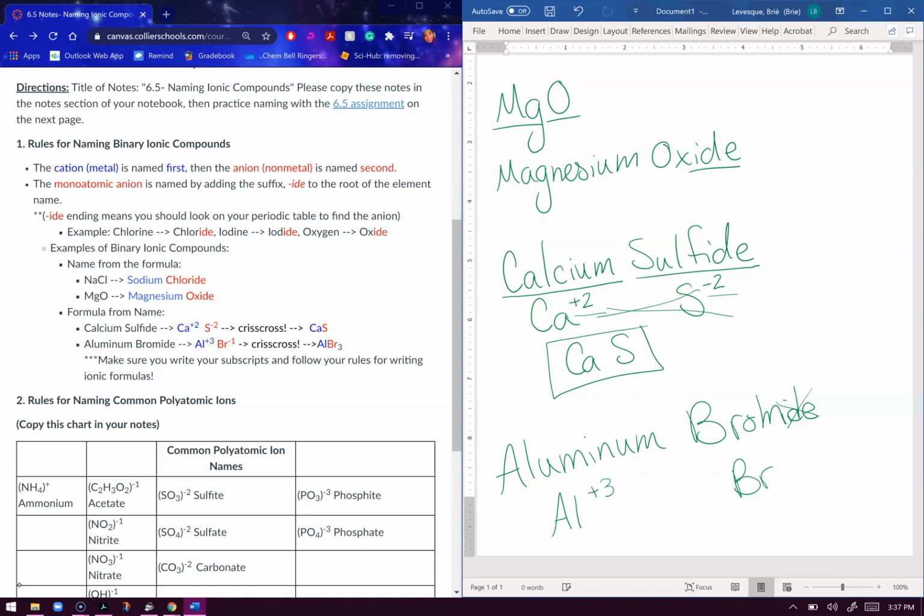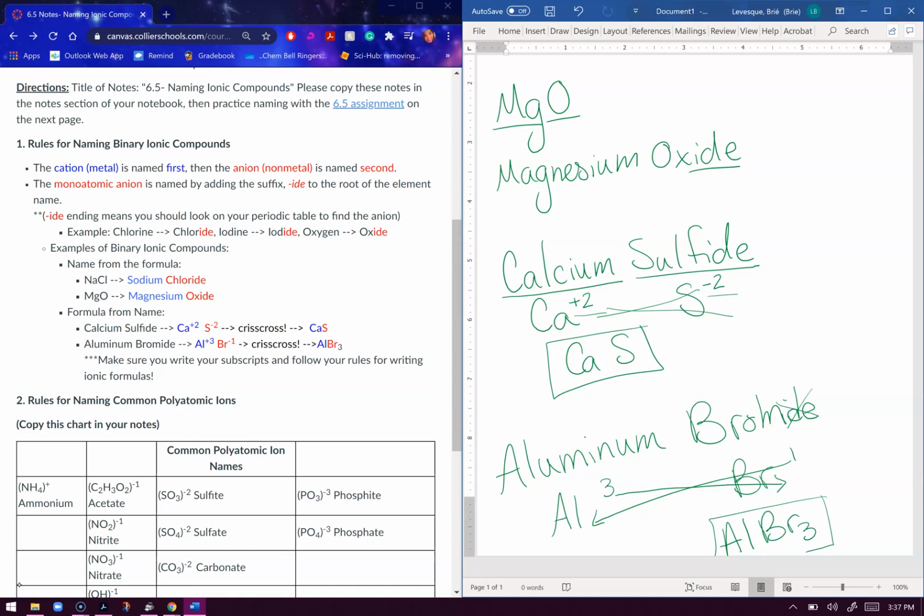Aluminum has a +3 charge, and bromine is in group 17, it has a -1 charge. So when we do our crisscross, we're going to drop the charges. The 3 from the aluminum is going to come hang out with the bromine. The 1 is going to crisscross. So we end up with Al1Br3. And just like in math, if you have a 1, you don't have to show it. So our formula is AlBr3.